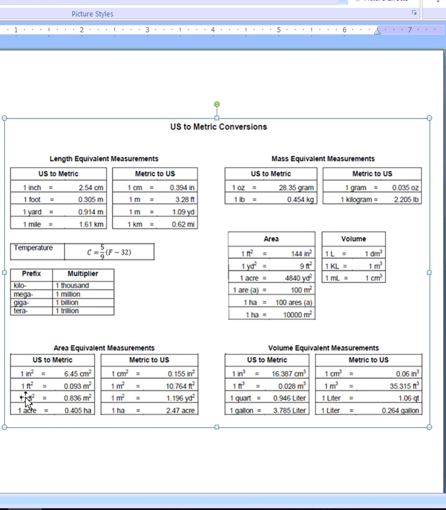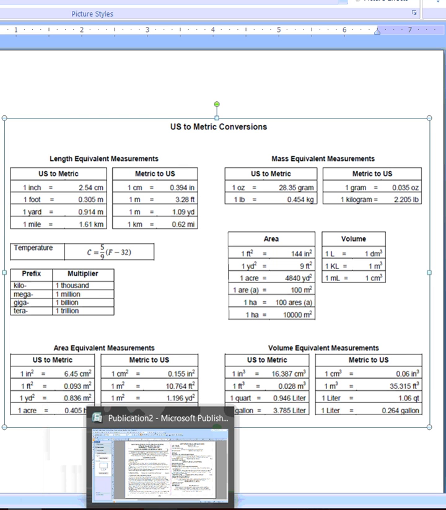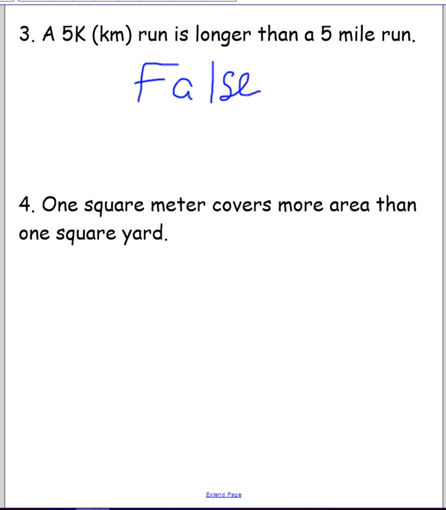So that means that our square yards are bigger. So this one is true. And so let's fix our false up here. A 5K run is shorter.